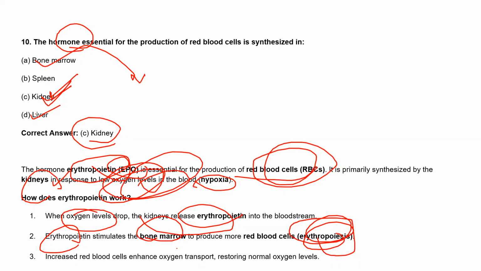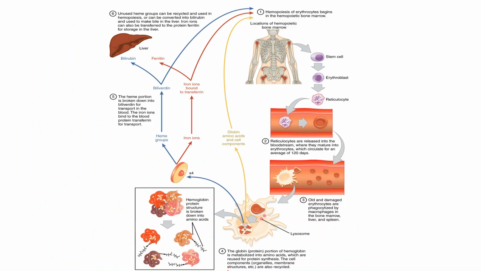When there is an increase in RBCs, it enhances oxygen transport, because we know that inside the RBC, hemoglobin is there, in which 4 heme bind to 4 oxygen. When there are more RBCs, more hemoglobin is there, which enhances oxygen transport and restores the normal oxygen level.